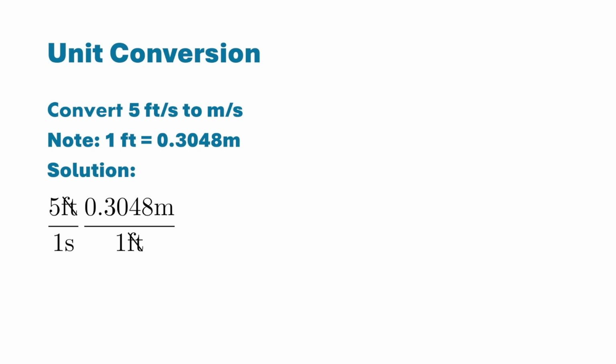They divide out. So the feet units divide when you multiply a top and a bottom. And then when you multiply that out, notice that you get 1.524 meters a second, right? Just meters is left on the top. So 1 foot is equal to 0.3048 meters, so all we did was multiply by 1 here, technically.